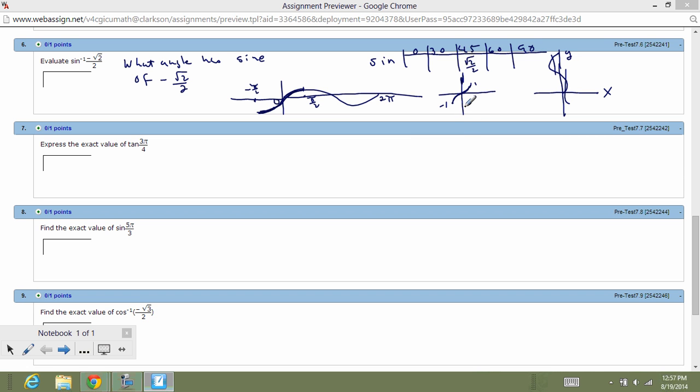Now, with that said, this 45-degree reference angle that we determined now moves into negative space, and so our answer is going to be negative 45 degrees, although we're not going to write it in degree measure. We're going to convert it to radian measure. So that's going to be negative pi over 4.